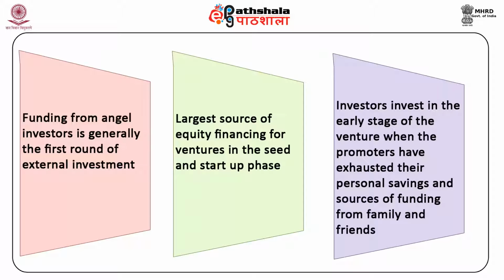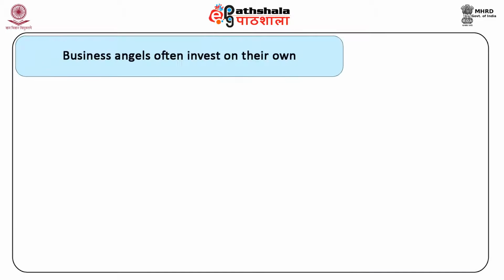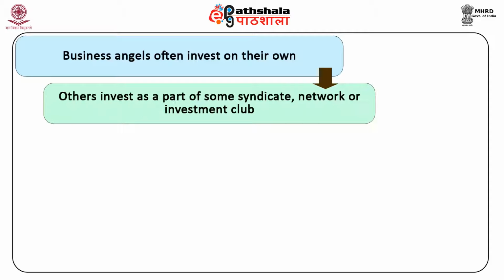These investors normally invest in the early stage of the venture when the promoters have exhausted their personal savings and sources of funding from family and friends, thus filling the gap in startup financing between family and friends and formal venture capitalists. Some business angels often invest on their own, while others invest as a part of some syndicate network or investment club.